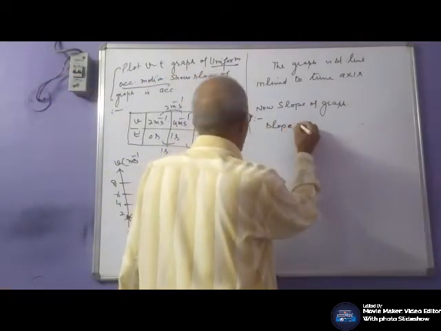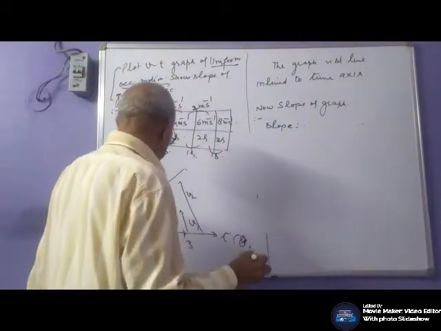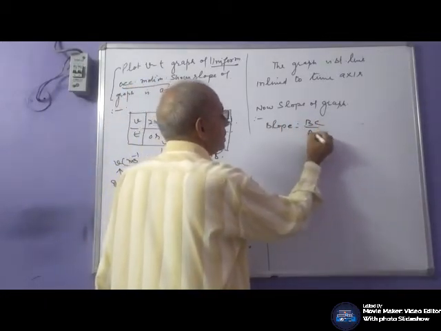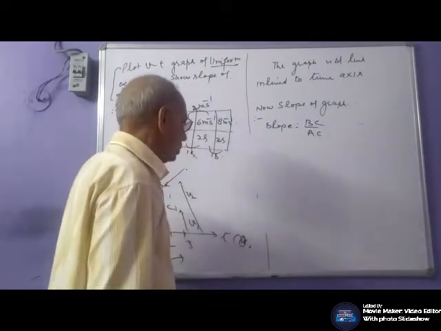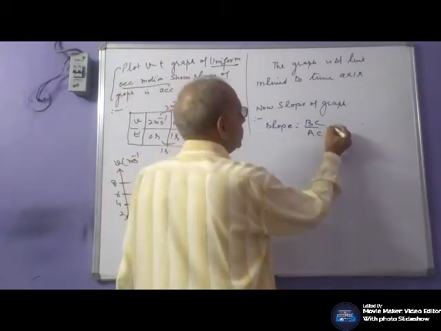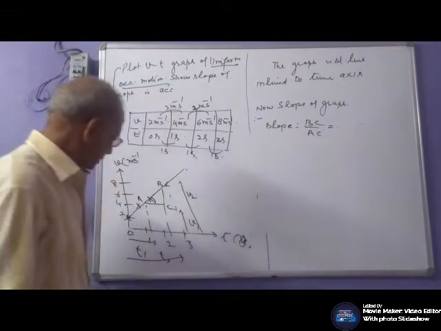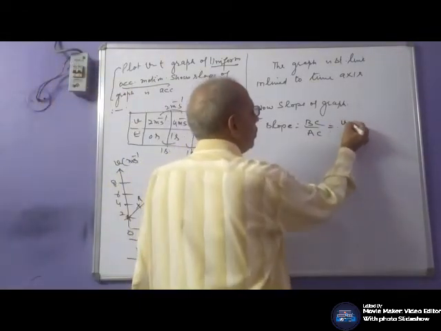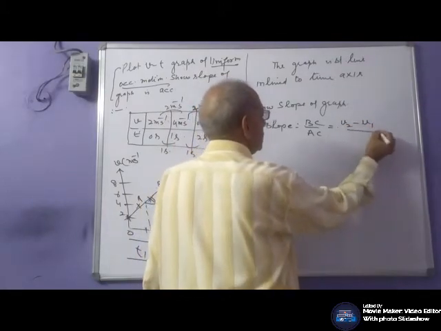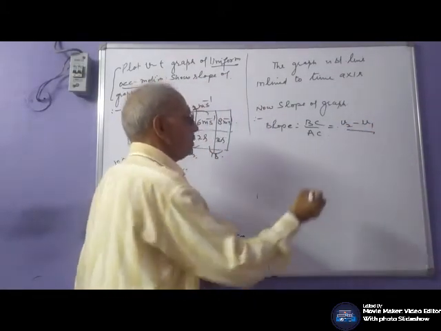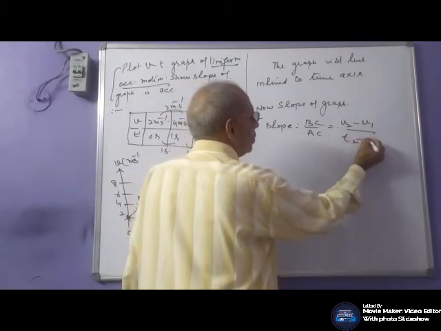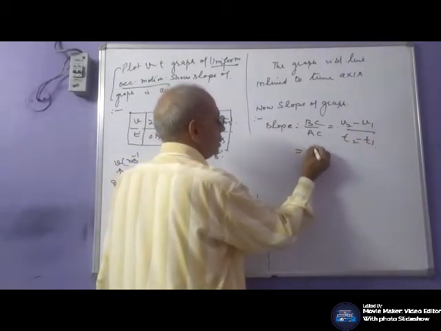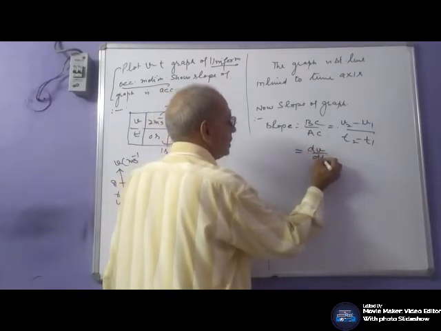So slope is always tan theta, BC by AC. BC is V2 minus V1, and AC is T2 minus T1. It is dV by dt.